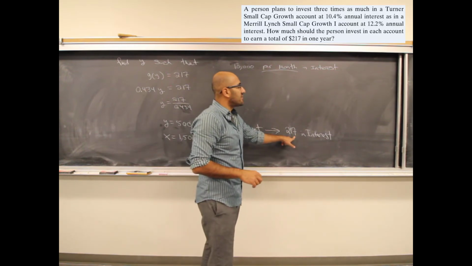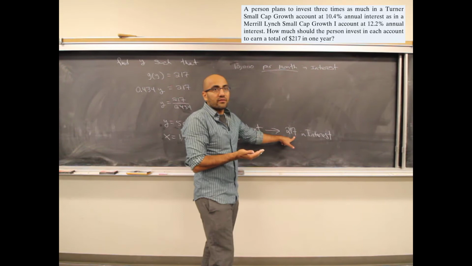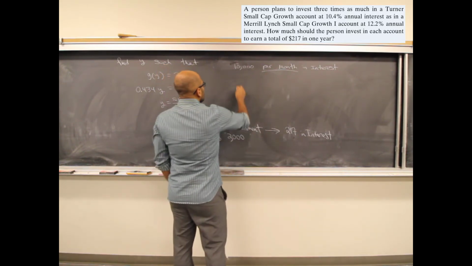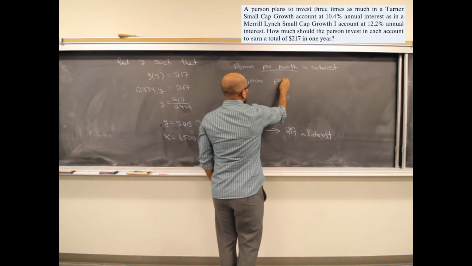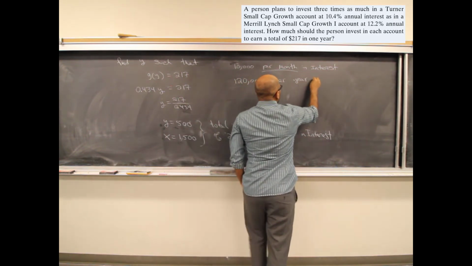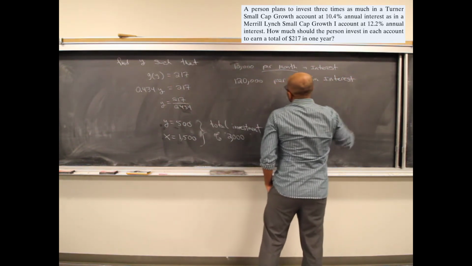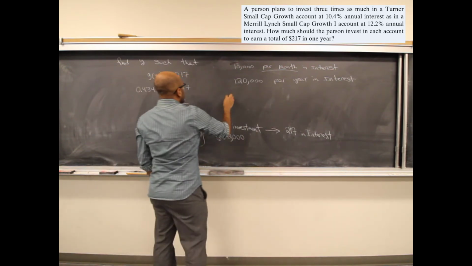This is $217 earned in an entire year, not per month. So if you want it per month, you're going to have to multiply it by 12. So that means we need $120,000 per year in interest. Okay? So that's the setup we have to have.